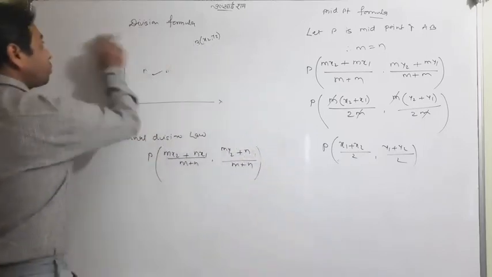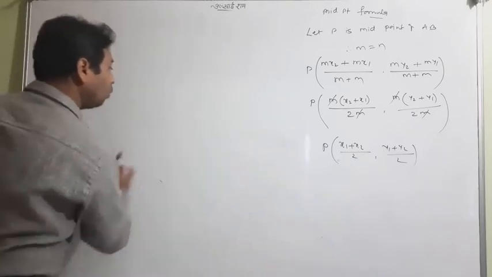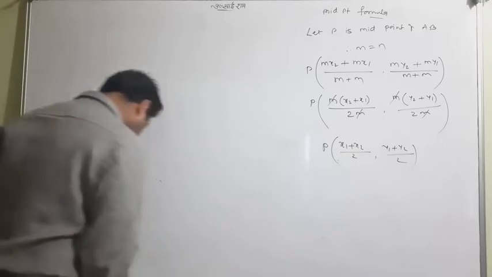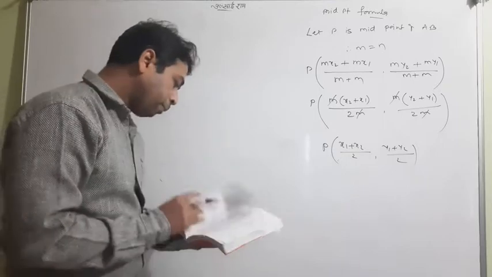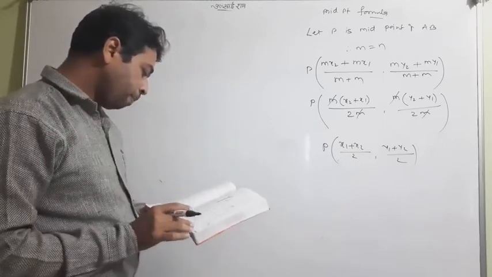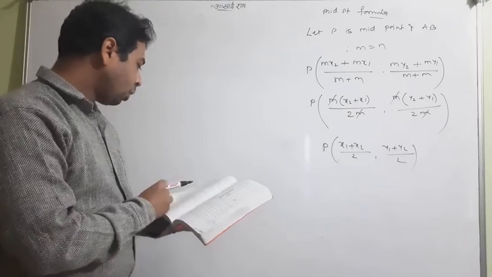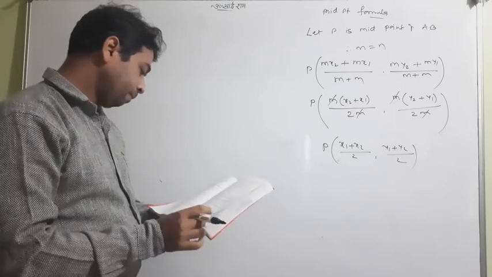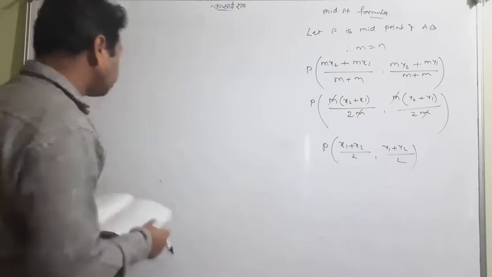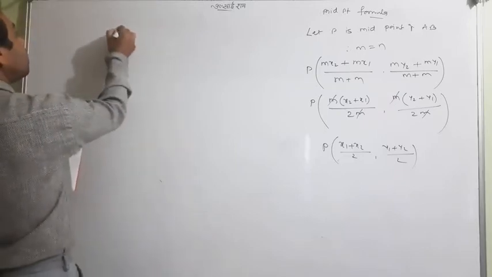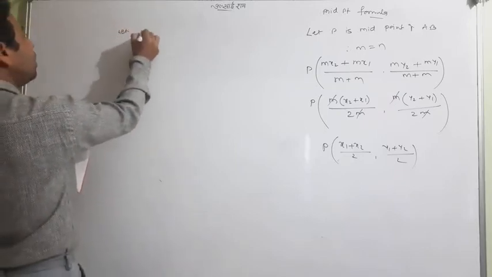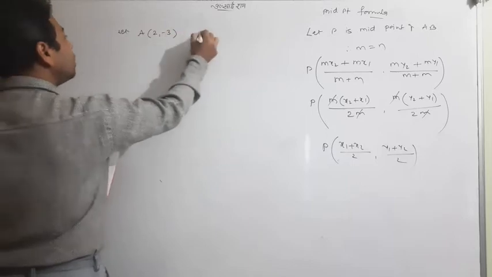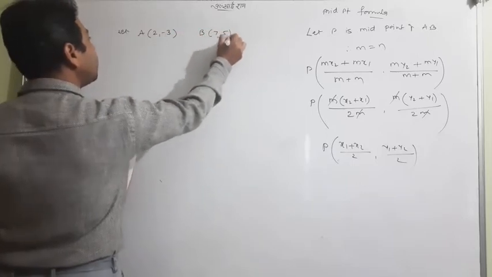Suppose I want to give you one question from my side on the midpoint concept. Look at it. I am not having any special question from the book. Simply let A be (2, -3) and B be (7, 5).